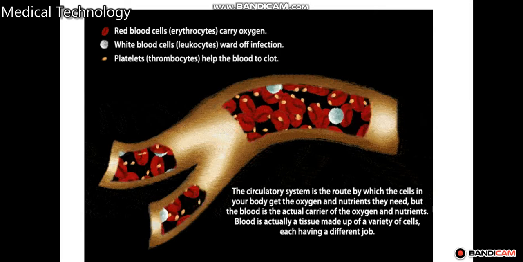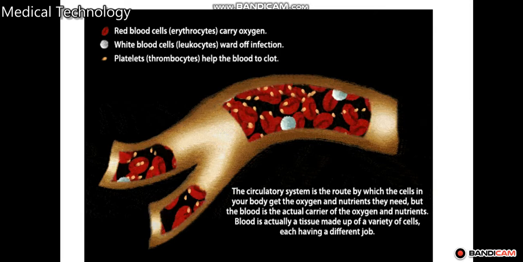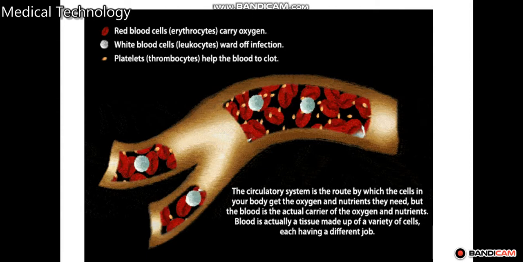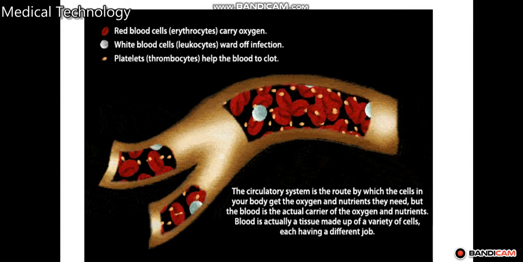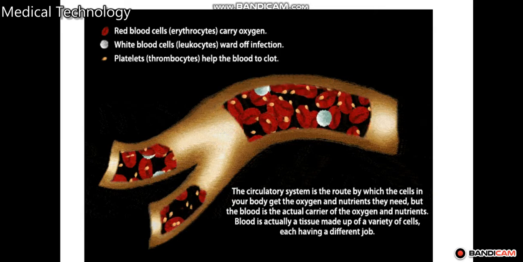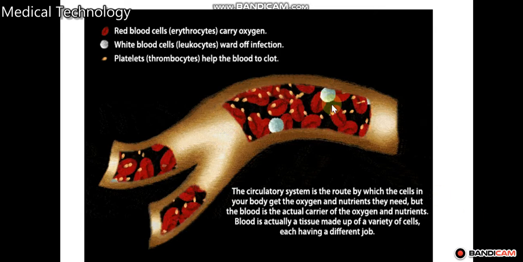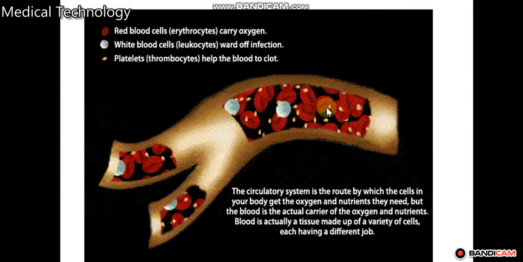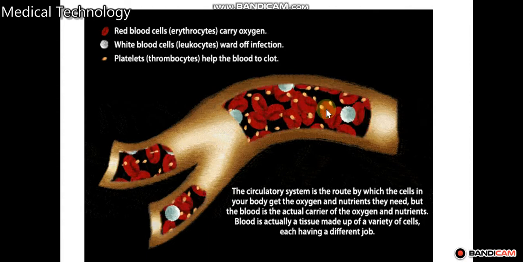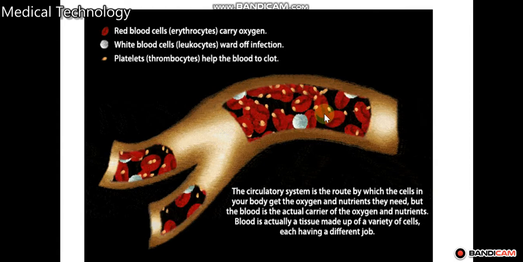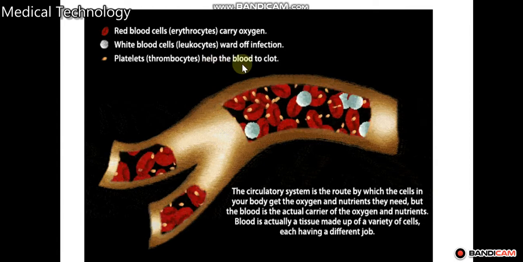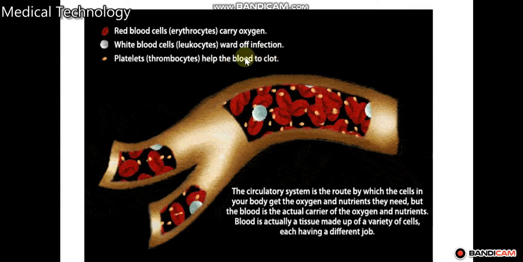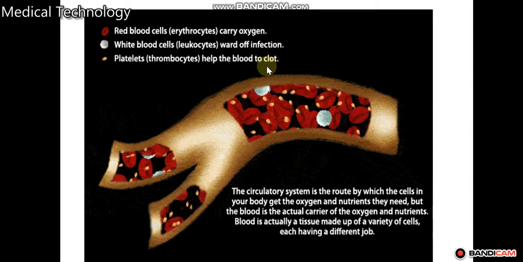The function of white BC is mainly defense against infections. And also we can see platelets, the main function of which, of course, is to clot the blood.